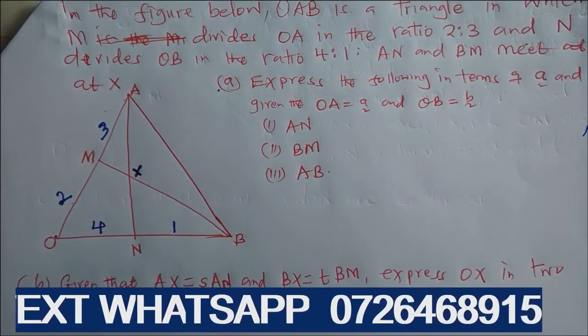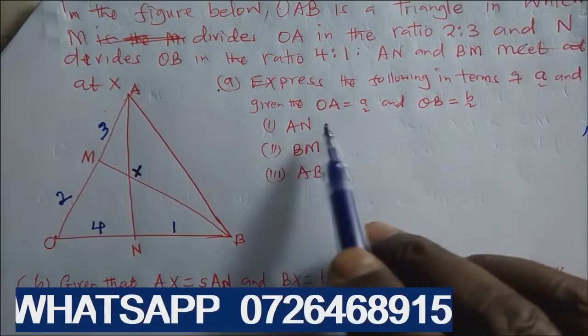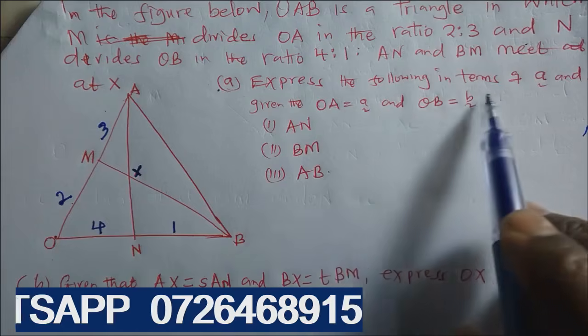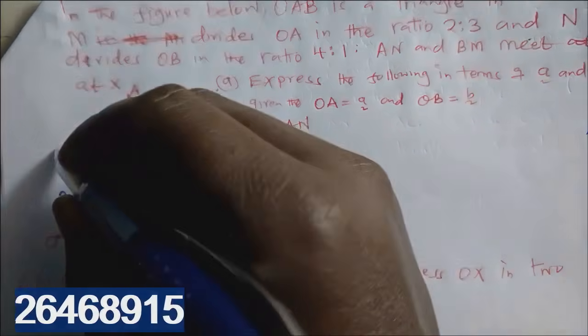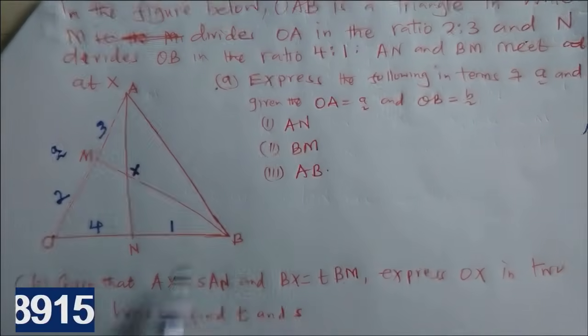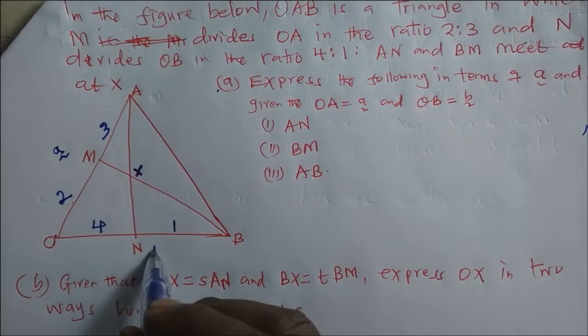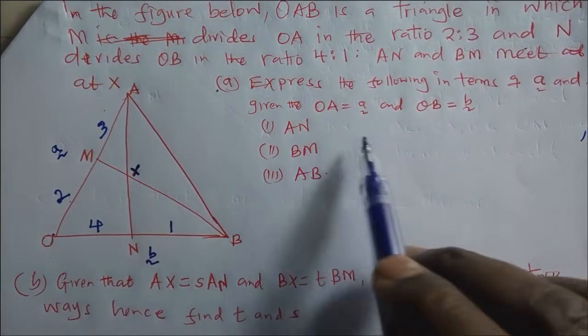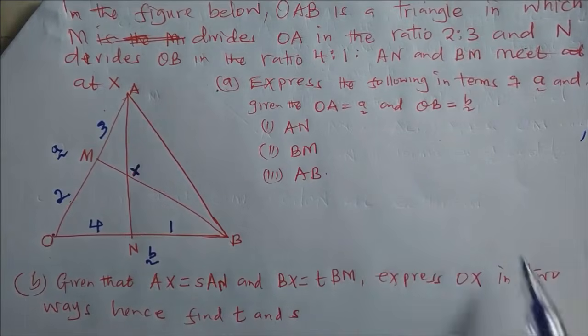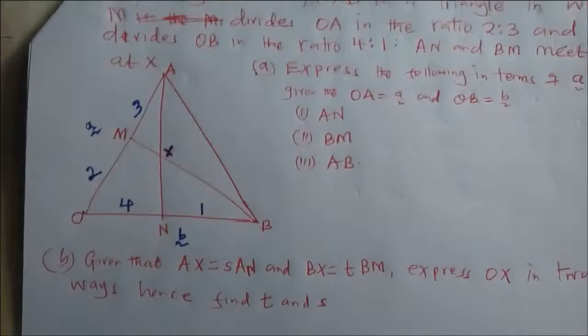Then express the following in terms. So we have been told that OA is vector A, OB is vector B. Express AN in terms of A and B. So let's start with AN.